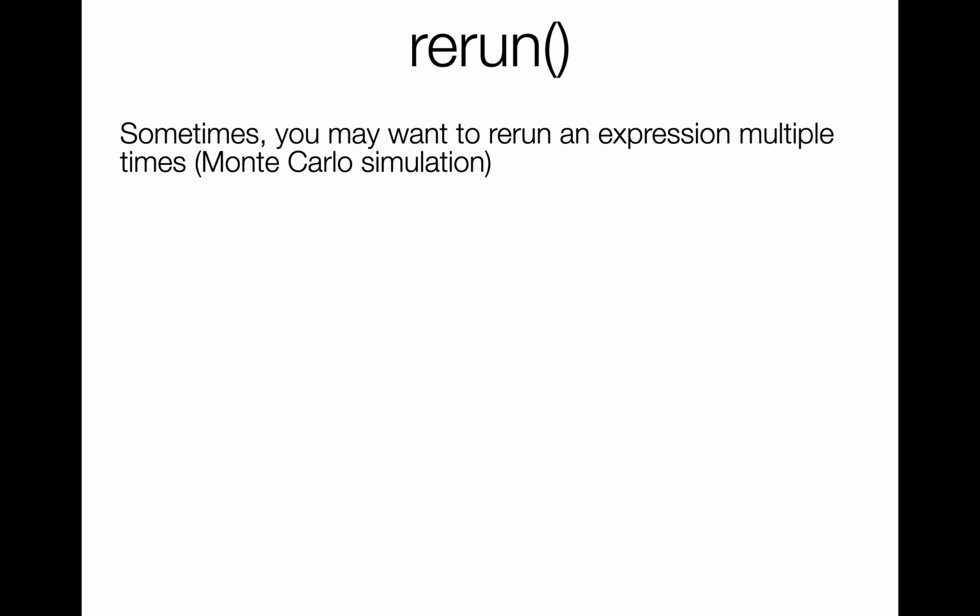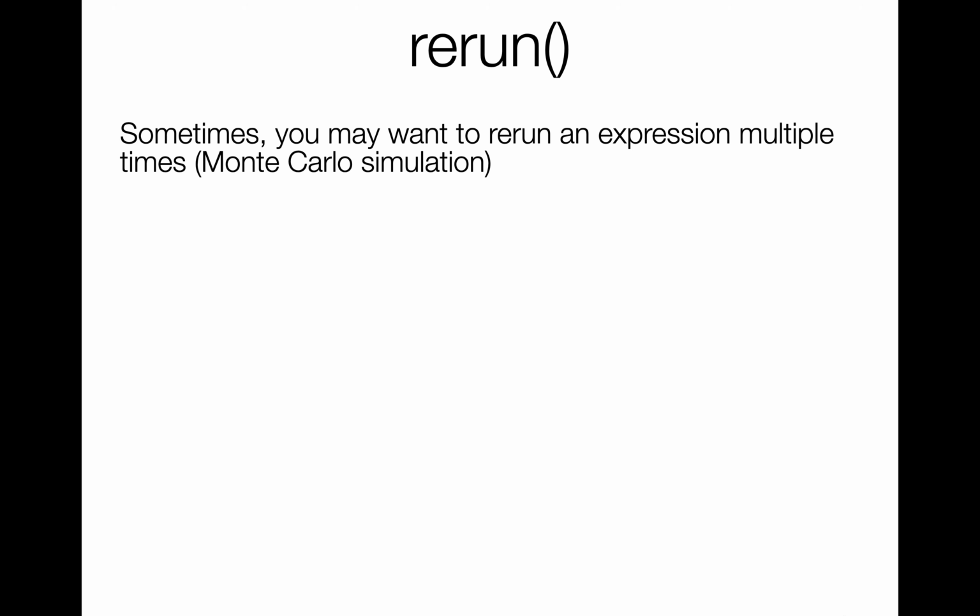Now the last function that I want to talk about for Purrr is the rerun function. This is another type of thing that Purrr offers that's different than those mapping functions. They all belong to the same sort of family. Rerun kind of works differently, at least in theory.